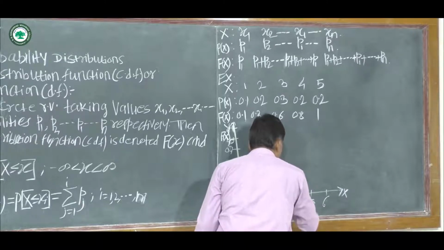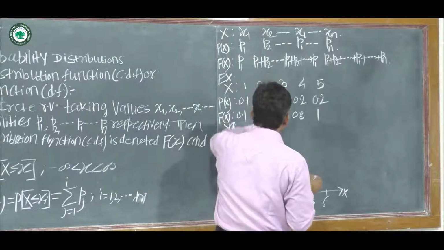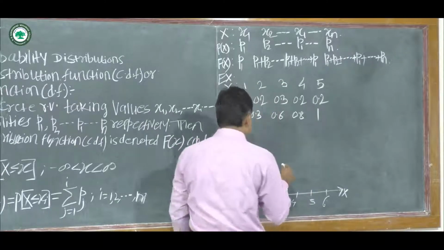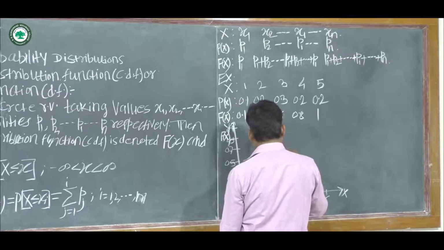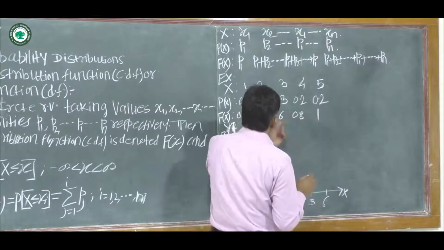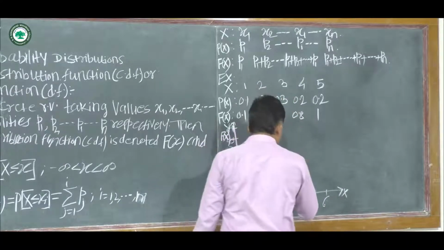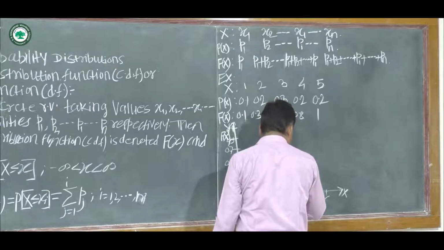At x equal to 3, the function changes and capital F of x is 0.6. Then in between 3 and 4, the function is again constant.